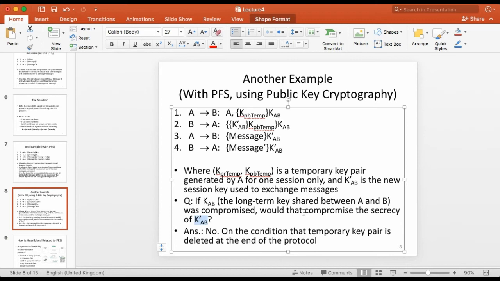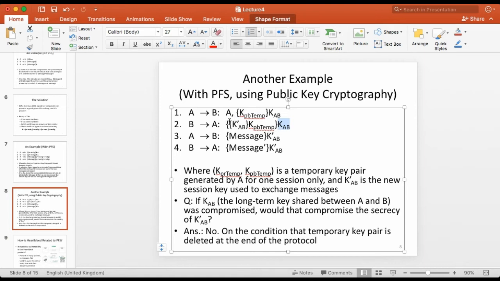The answer is no, it won't. The reason is that if you did compromise KAB, then all you will have compromised is this outer encryption here.